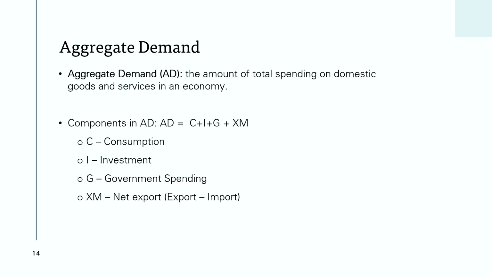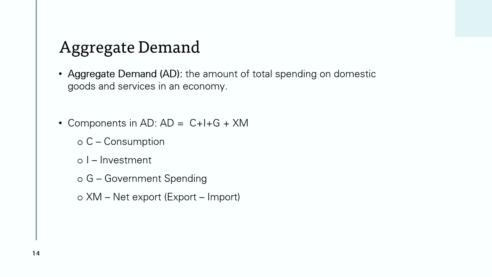Aggregate demand represents total spending on domestic goods and services at each price level. Aggregate demand is made of four components: C plus I plus G plus XM, where C is consumption spending by households, I is investment spending by firms for factories, machines, and new houses.